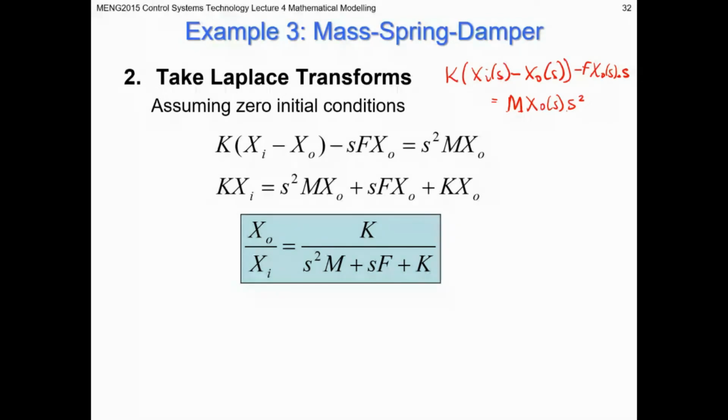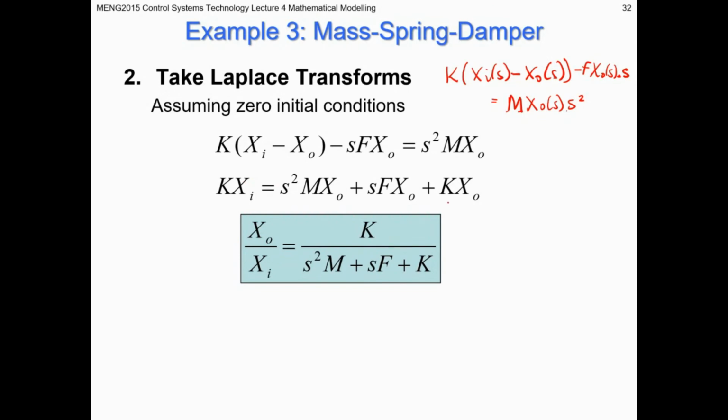Now what we could do is rearrange this, because what we really want to get is our output as a function of our input. So if we put all the output terms on the right hand side, keep the input terms on the left hand side, then we can cross divide.